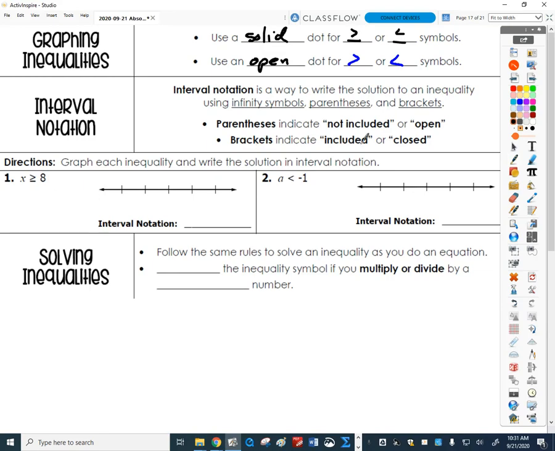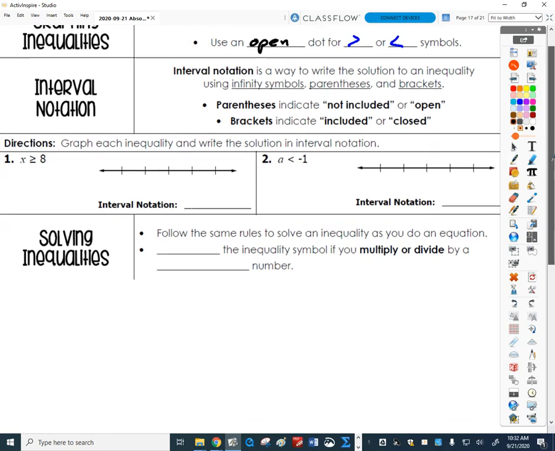Brackets indicate included or closed, and closed is really the math word we want for that, instead of solid. That is what we would utilize if we had an endpoint of an interval that included equal signs, right?